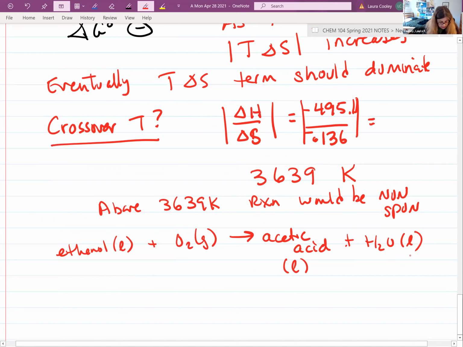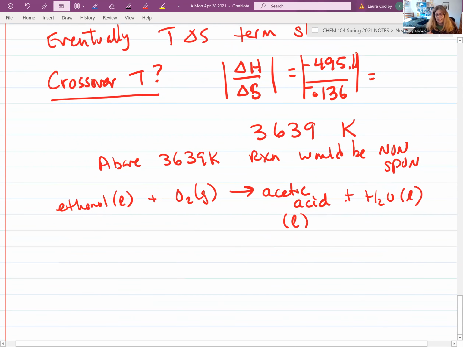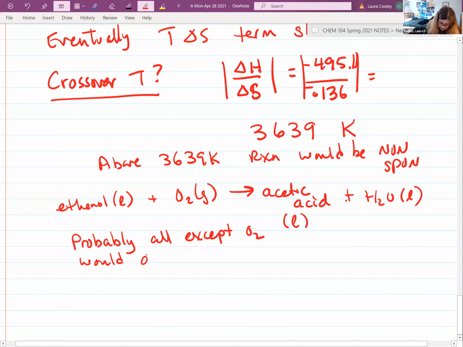So for all intents and purposes, you'd have to get above an extremely high temperature for this reaction to be non-spontaneous. But probably everything will be decomposed in this example, all except the O2. It's so hot.